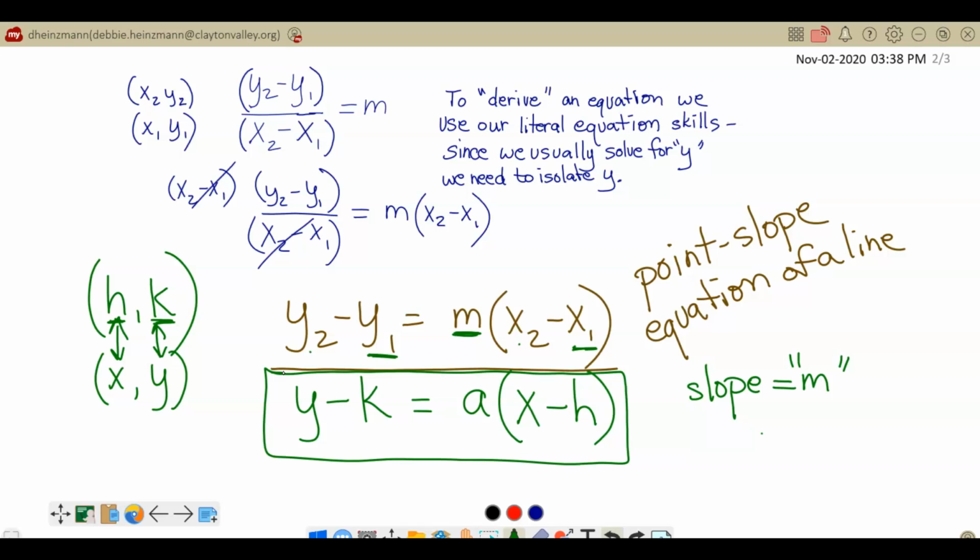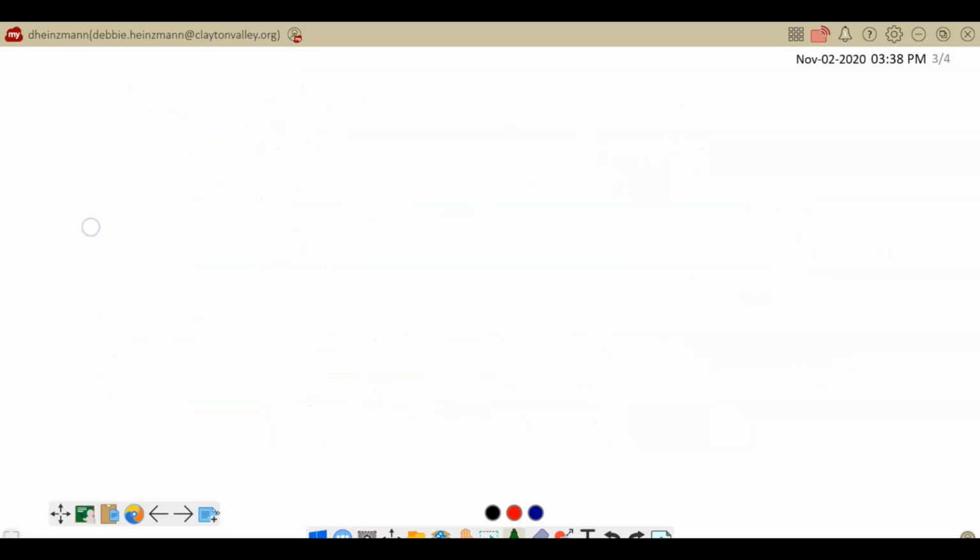So let's finish up. Let's move this equation to another page, and I'm going to finish it for you, and then we'll move to the next video for practice. So here we go. We have y minus k equals a times x minus h.